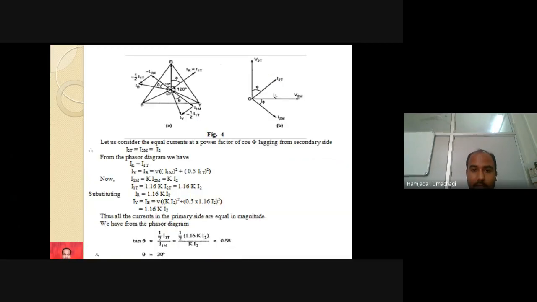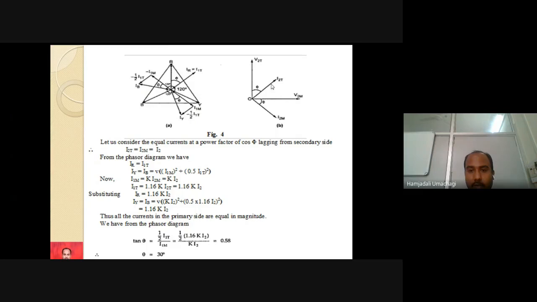So this is the phasor diagram when I connect a balanced lagging power factor load, that is an inductive load. This is the voltage phasor diagram on the input side and output side. Input means RYB, three-phase. Output means two-phase. This is the output of the teaser transformer, where the secondary current of the teaser transformer, I2T, lags the secondary voltage V2T by an angle phi.